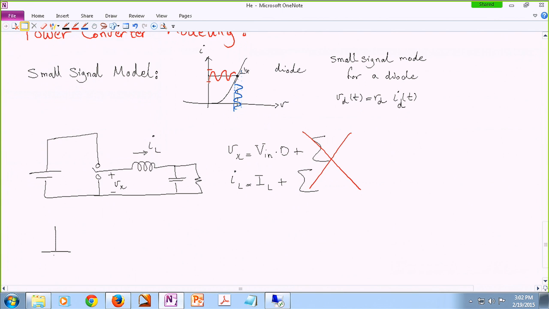If I just look at the DC model for my converter, I end up with this.